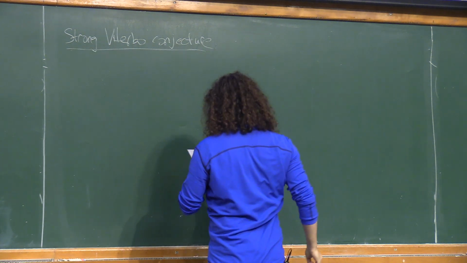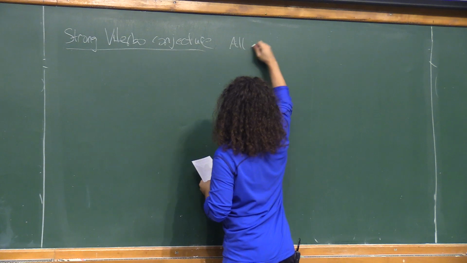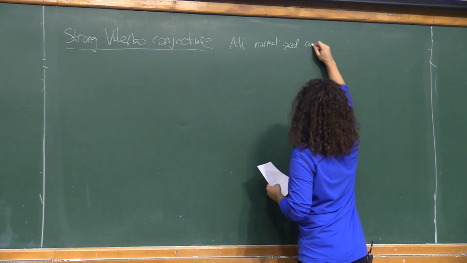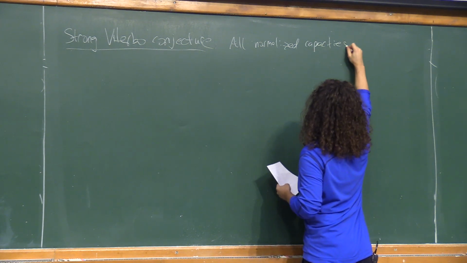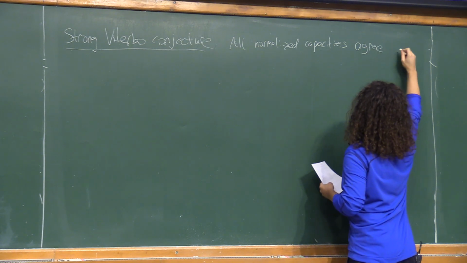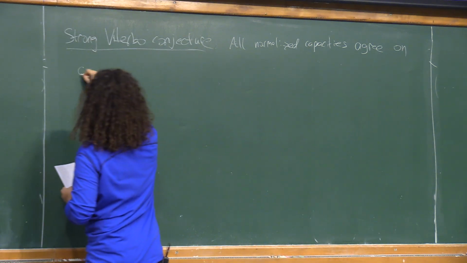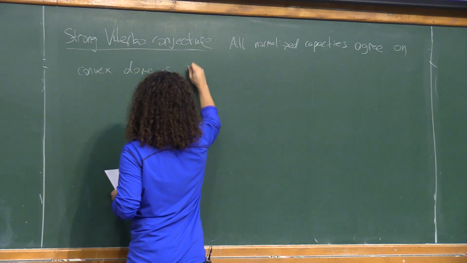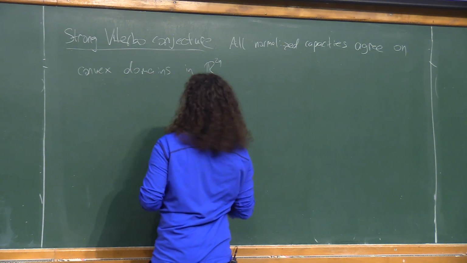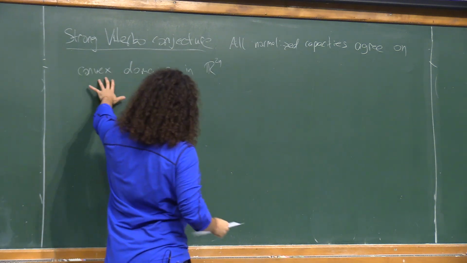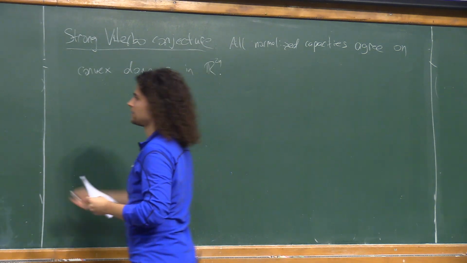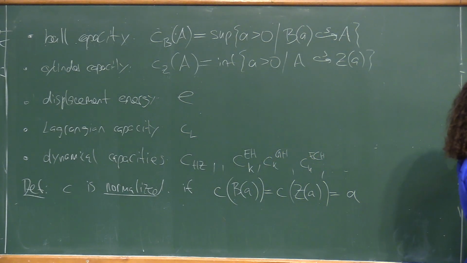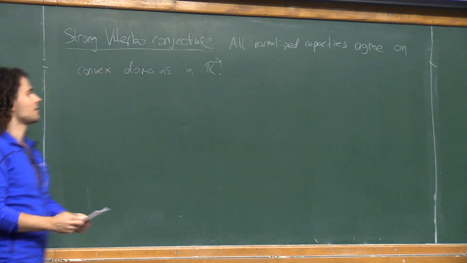And this conjecture is saying that all normalized capacities agree on convex domains in R^{2n}. Right? So we have the big class of all convex domains in R^{2n}, and then a long list of different ways of defining a normalized capacity, and then the conjecture is that all of these things should just be the same number. So that's a very interesting conjecture.